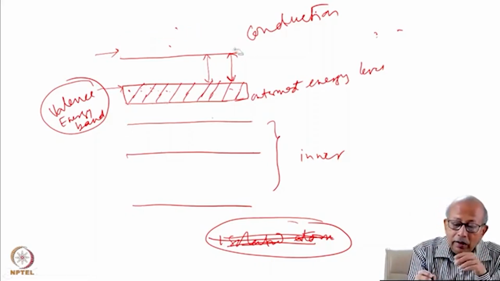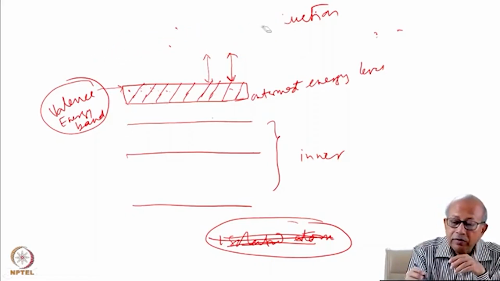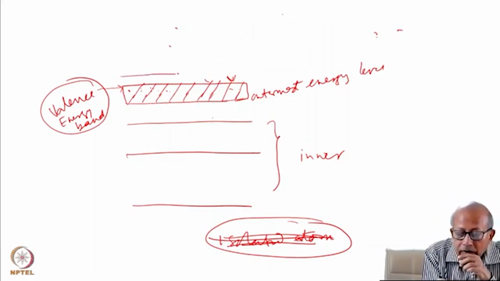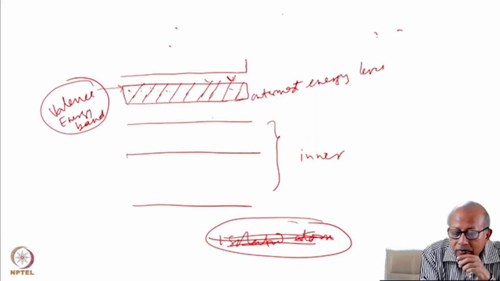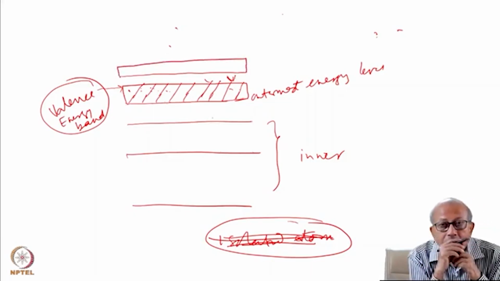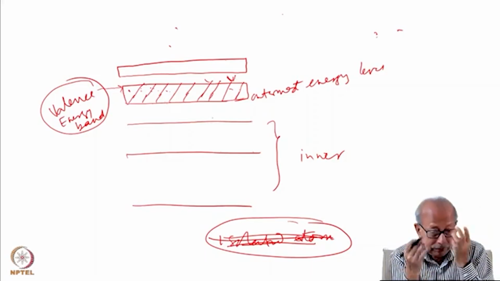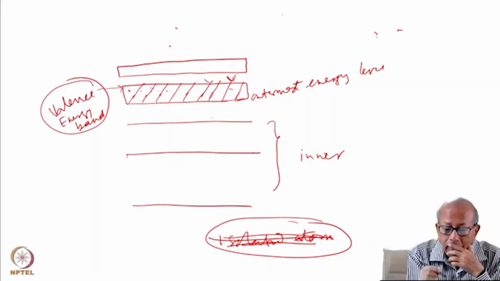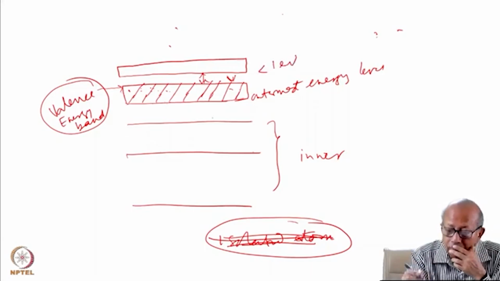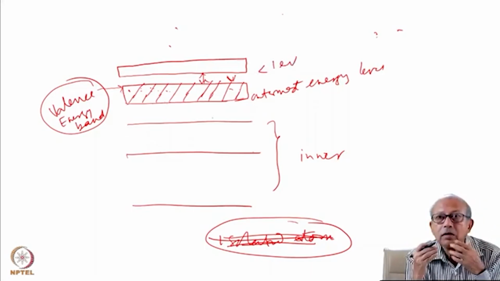However, the next energy level, which has the potential to perform as a conduction band, lies in the immediate vicinity of the valence band. That is the property of that material. And this gap can be as small as even less than 1 electron volt, even much less than 1.